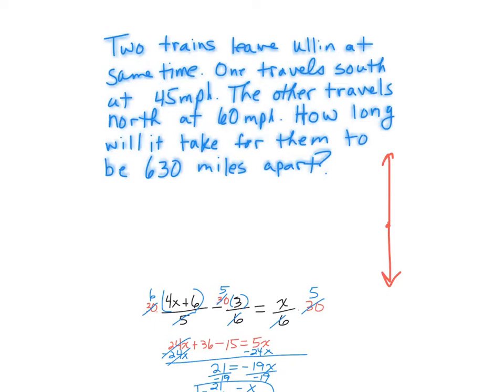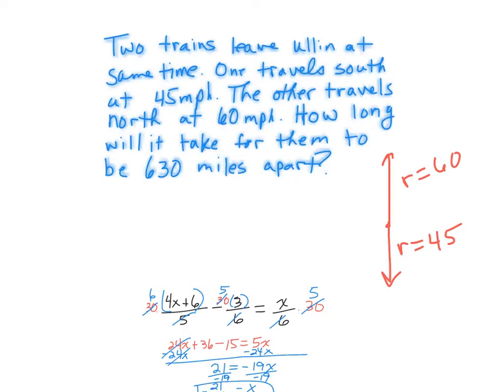If you set it up differently, that's fine. So here's what I know. The one traveling south is going 45, so down here, R is equal to 45. And the one going north is going 60. This one up here, R equals 60.